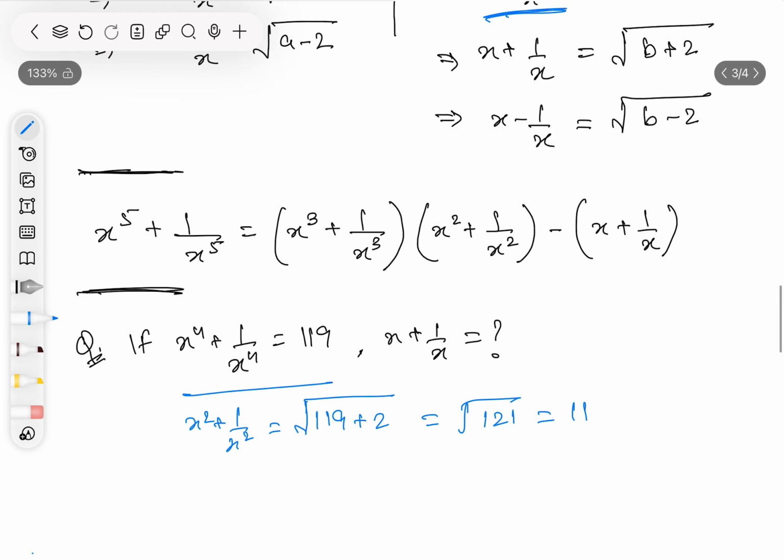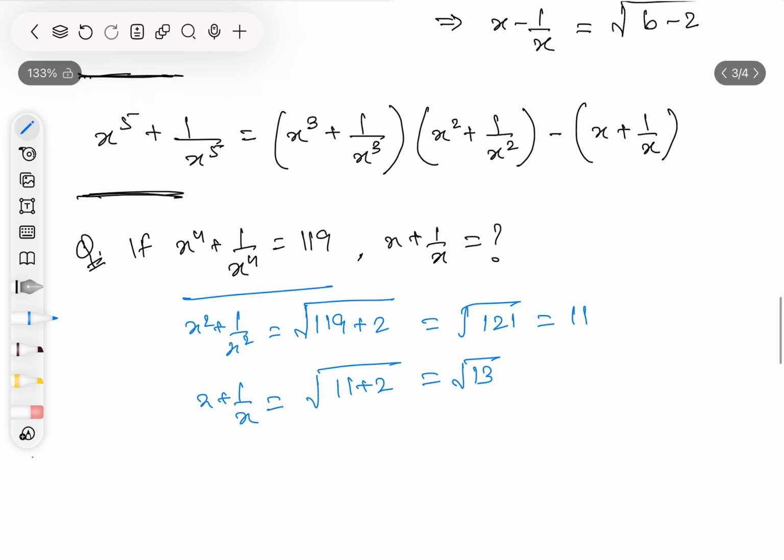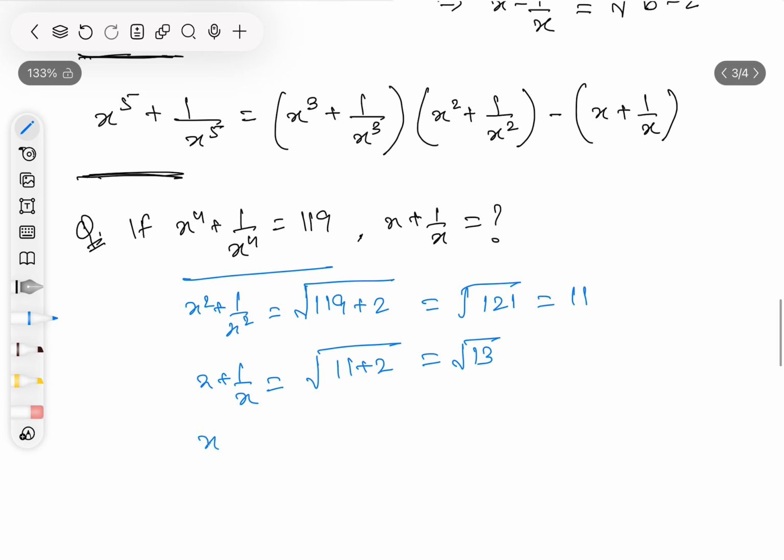And from this, if I need x plus 1 by x, what do I need to do? The root of b plus 2. So root of 11 plus 2, that is root 13. And if I have to write x minus 1 by x, then it will be root of 11 minus 2, that is root 9, which is 3.